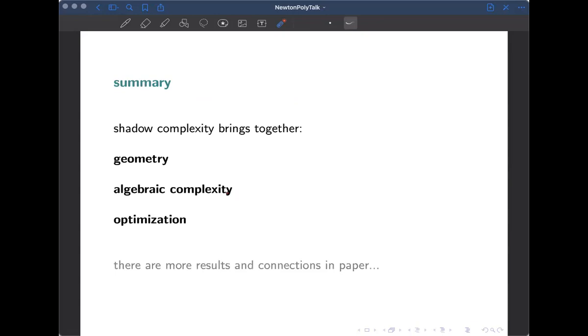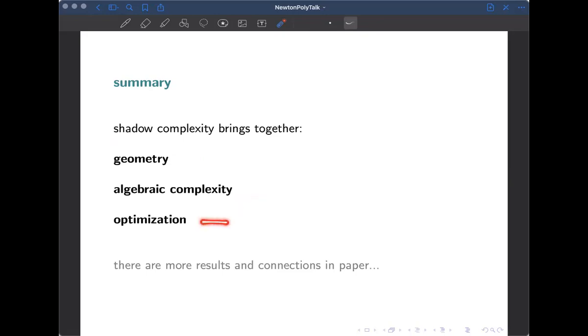I want to summarize the whole picture I painted. So we introduced a complexity measure that appeared in a few contexts. It appeared in geometry because of geometric motivation. It appeared implicitly in algebraic complexity because of its conjectured connection to lower bounds.